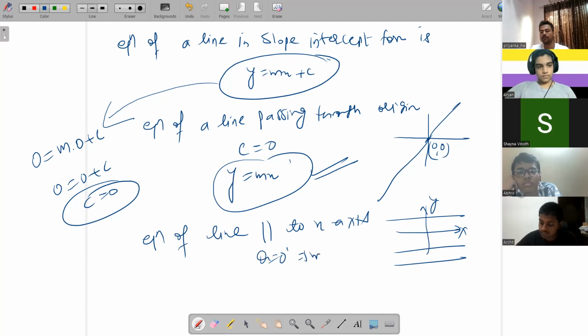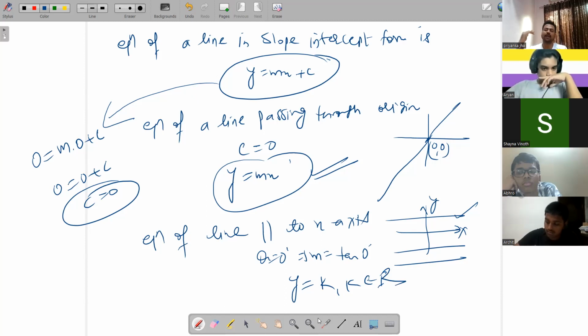So slope is tan 0, because what is the angle between two parallel lines? There is no angle, 0 angle. So slope is 0. So y equal to k, where k is any real number. y equal to 2, y equal to 3, any line that is parallel to the x-axis will have slope 0.